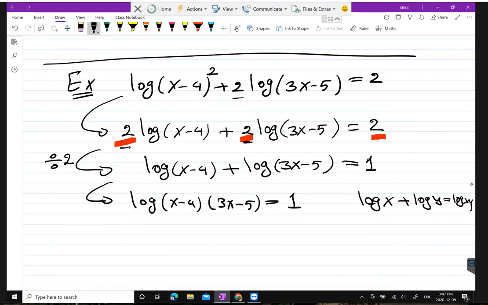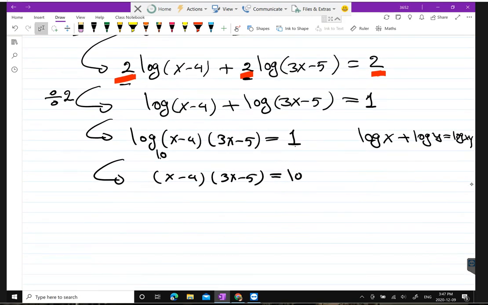And according to the definition, the base is 10, right? 10 to the power of 1 must be equal to this product. So (x minus 4) times (3x minus 5) must be equal to 10. Now it is really easy, right? This is not a very difficult problem.